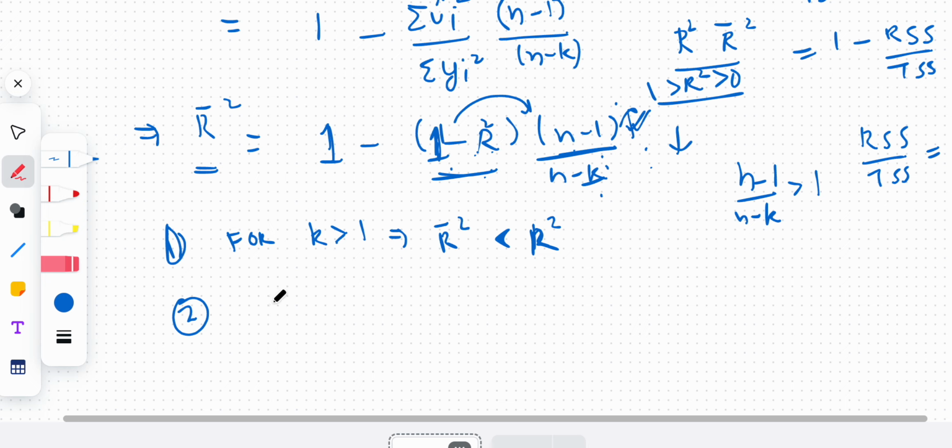Now, adjusted R square can be negative also, but R square is always positive. That difference is also there.